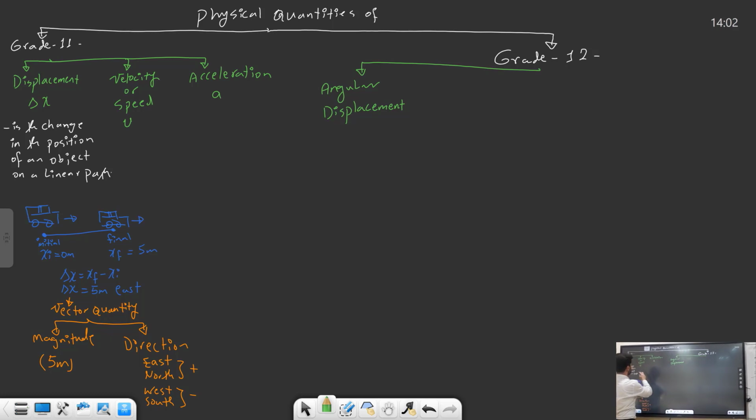If you have just displacement, this shows that this quantity is used to describe a linear path or a linear motion. But if you put the angular prefix, it makes the quantity used for rotational motion. Okay, angular displacement and angular speed, and also angular acceleration.